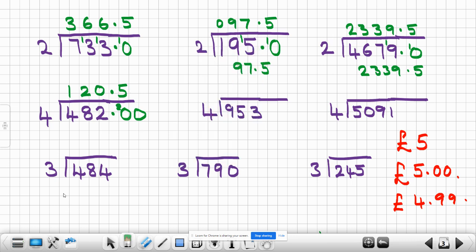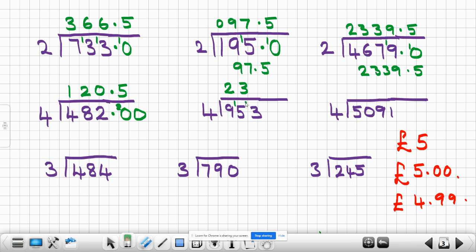Now let's see what happens with the next one. Excuse me. 953 divided by 4. So we're going to say 4s into 9 goes twice. 4 times 2 is 8. So we're going to get a remainder of 1. And then 4s into 15, that goes 3 times. 4 times 3 is 12. So we have a remainder of 3.